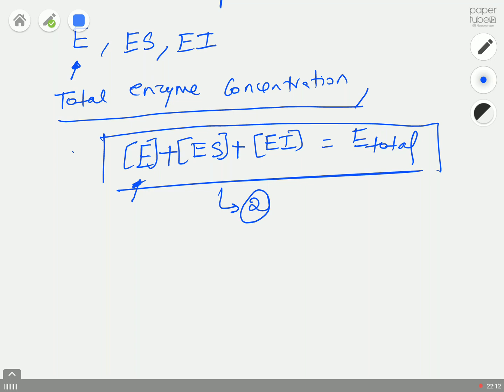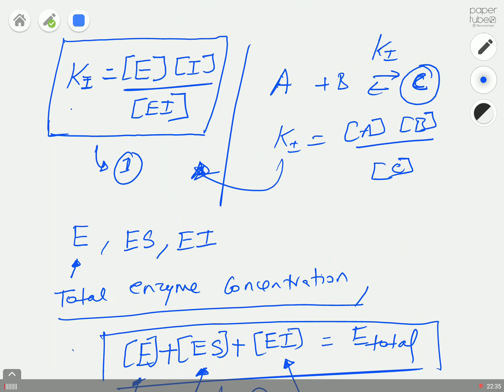And always remember that we cannot measure the concentration of the enzyme substrate complex and the enzyme inhibitor complex. So we should always find a way to eliminate these two parameters in the rate expression. From equation 1, Ki is equal to the concentration of E multiplied by the concentration of I divided by the concentration of the enzyme inhibitor complex.